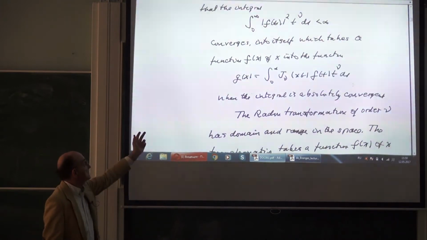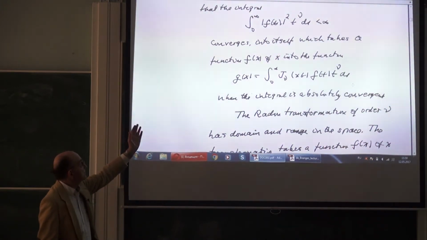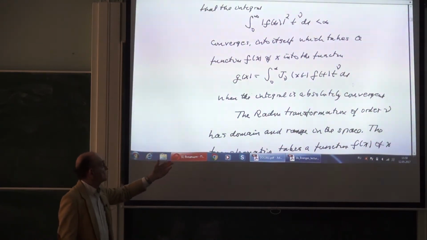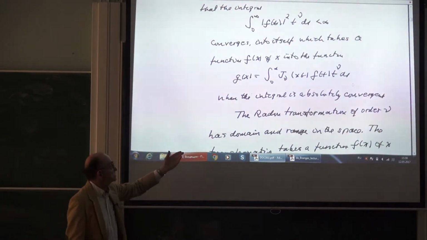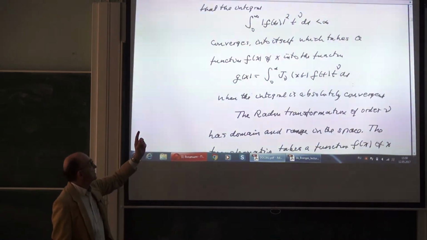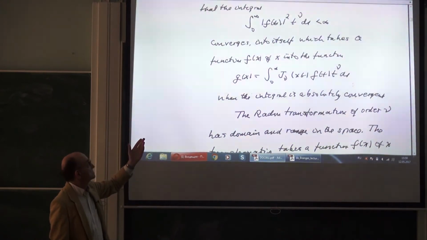So I make a change of notation, and now you take square integrable functions with a weight, t to the nth, and the expression for the Fourier transformation becomes what's called a Hankel transformation, and that transformation is isometric. It takes the space of functions f, which are square integrable, onto the space of functions g, which are square integrable in the same sense.